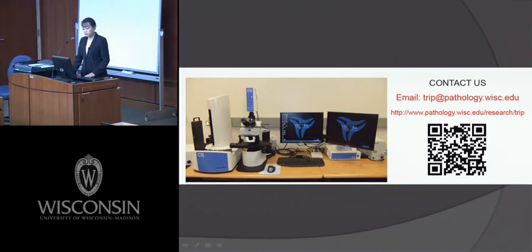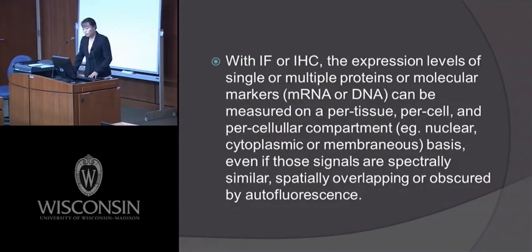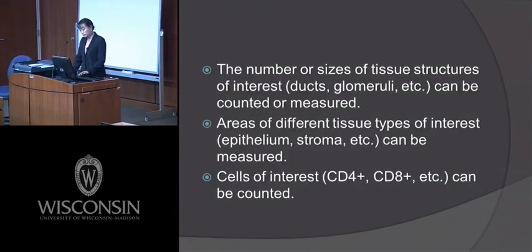This picture shows the Vectra system. On the left side is a slide loader. This is a motorized stage and a NUANCE system, and this is a computer with software. With IF or IHC, the expression levels of single or multiple proteins or molecular markers, including mRNA and DNA, can be measured on a per tissue, per cell, and per cellular compartment basis, even if those signals are spectrally similar, spatially overlapping, or even obscured by autofluorescence.